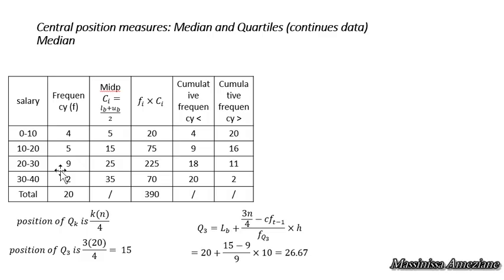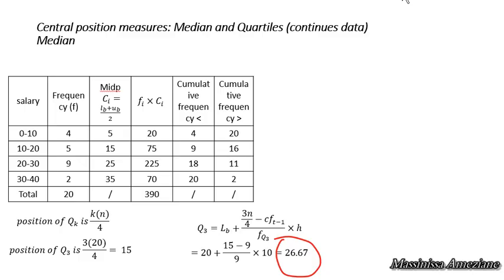So the Q3 here is 26.67, and this is how we find Q1, deciles and percentiles. The same steps, the same way, the same formula. The only thing we change here is the position, depending on the quantile we want to find.